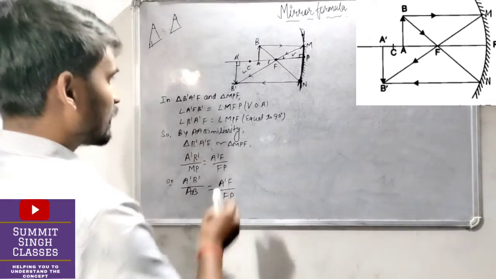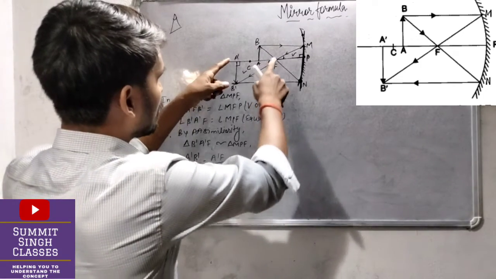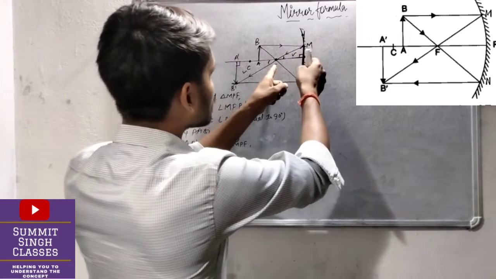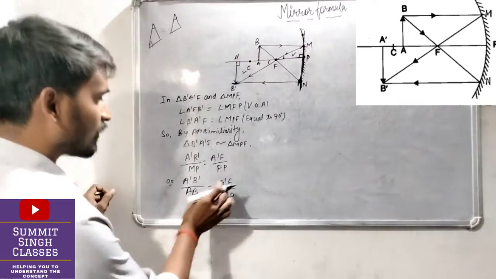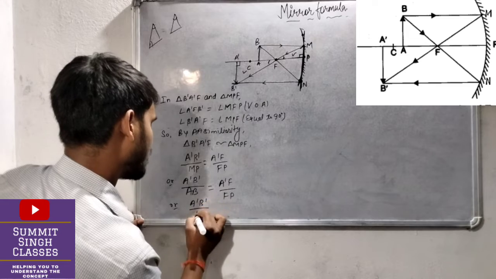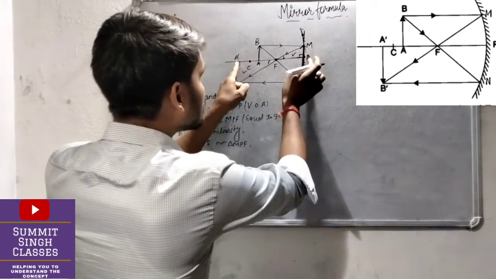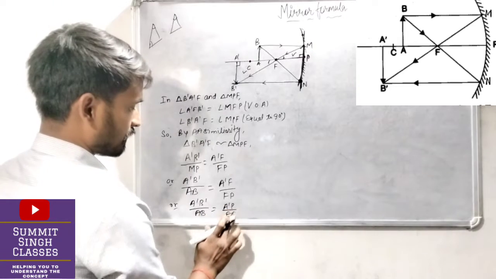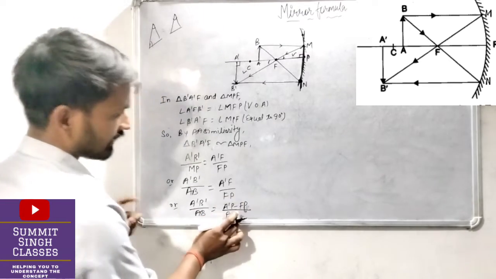Now we are calculating A'F, and for A'F we have to subtract FP from A'P. So in place of A'F we can write A'P minus FP, and the other thing is FP, which remains the same.